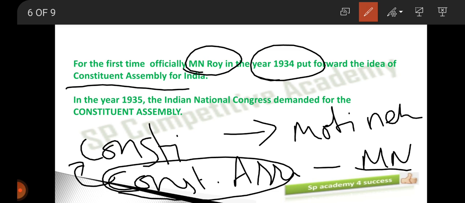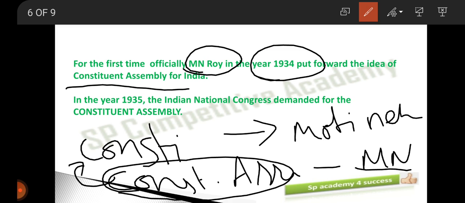And Gandhi ji's proposal is for the constitution. Motilal Nehru or the Nehru report is for the principles of the constitution. M.N. Roy ji is talking regarding the Constituent Assembly. So please make these differences, don't get confused. Right, moving on.